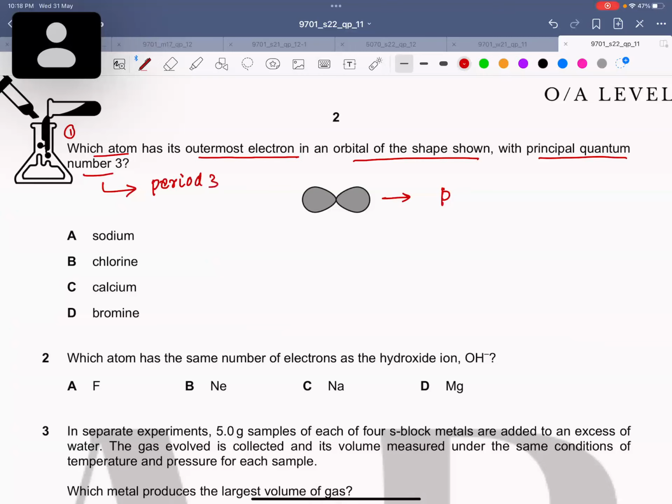Sodium has outermost subshell S and calcium has outermost subshell S. So A and C go wrong. Now we are left with chlorine and bromine.